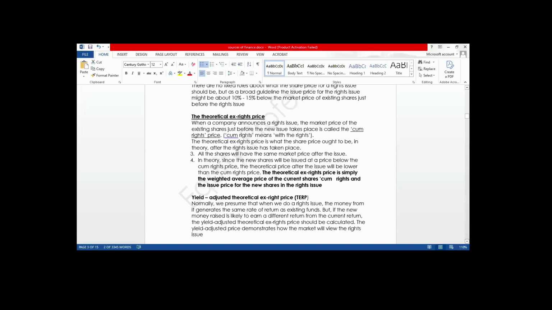It is calculated as the weighted average price of the current shares, cum rights, and the issue price of the new shares in the rights issue.